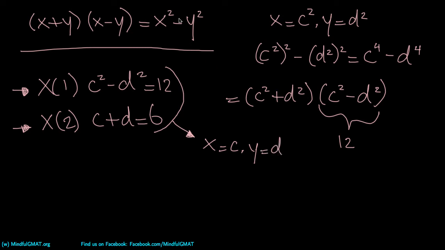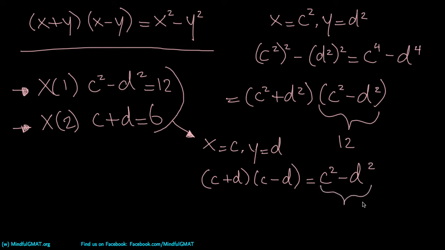Then if we fill this in, c plus d times c minus d equals c squared minus d squared. Now from the first piece of information, you know that this is 12. From the second piece of information, you know that c plus d is 6. Therefore, you know that c minus d must equal 2.